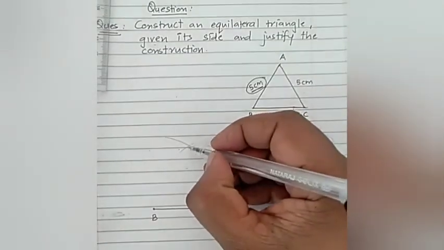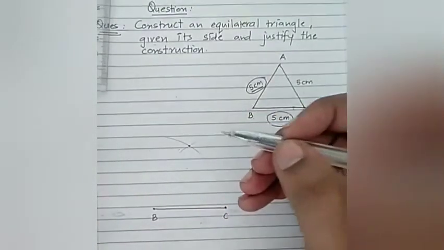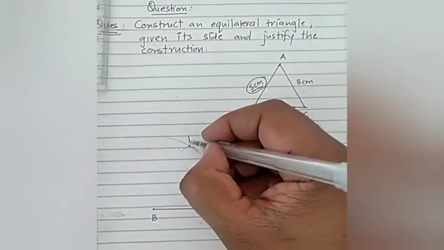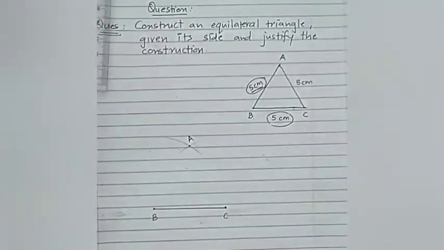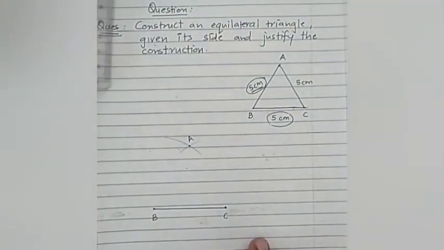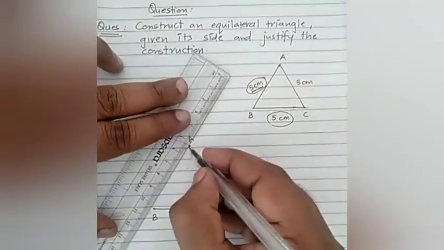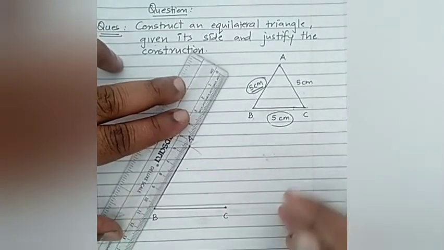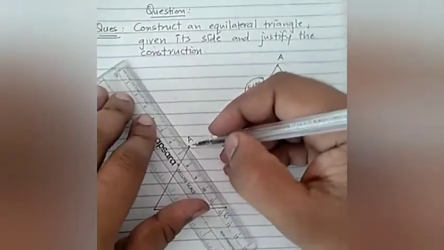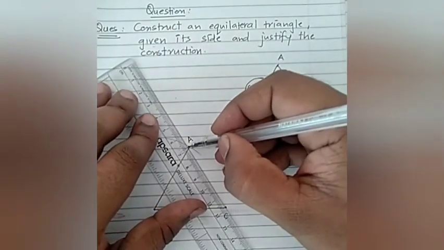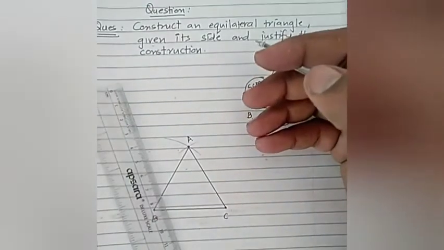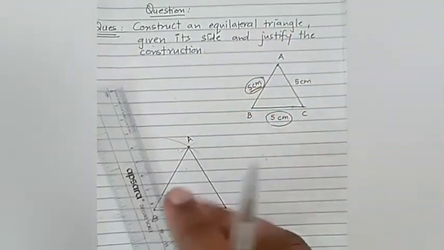Now you could see both these arcs have intersected at a point, and my dear students, that will exactly be my point A. So all that I have to do is join A to B and then A to the point C. And here I have my equilateral triangle ABC.